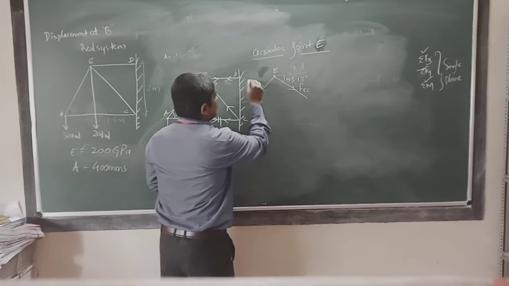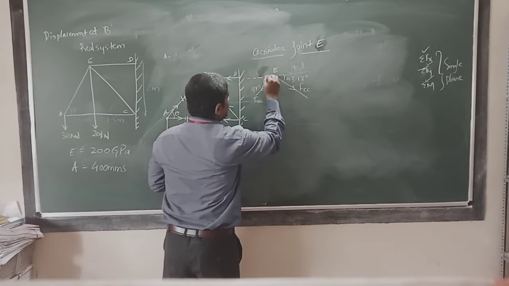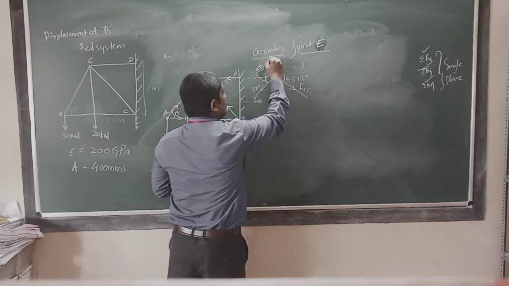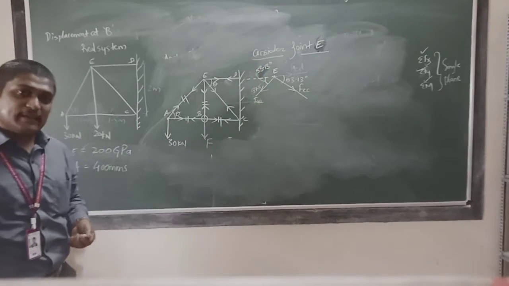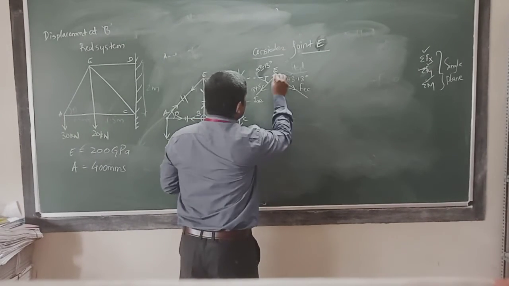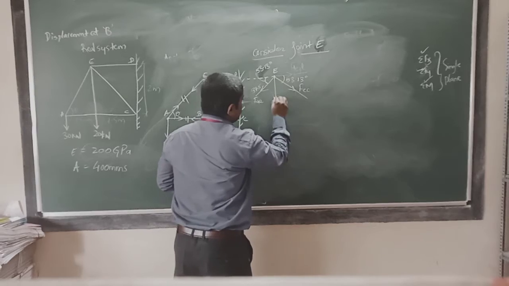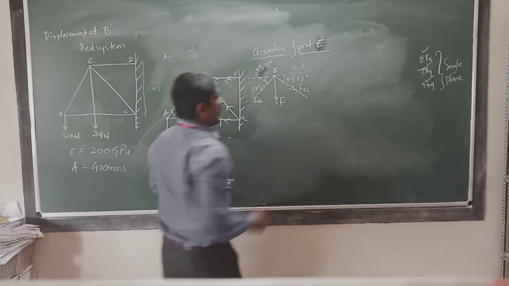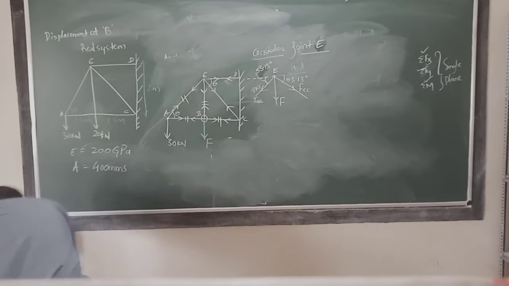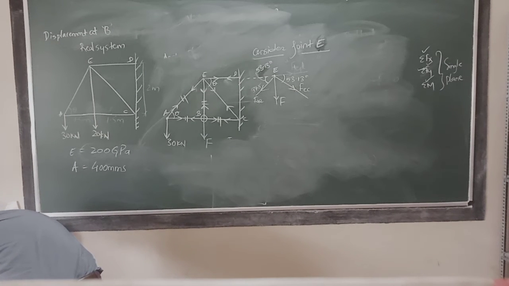This angle is also 53.13 degree. Again one more member is connected, it is nothing but positive F. We have got the answer in the previous step only, that we have to take here.